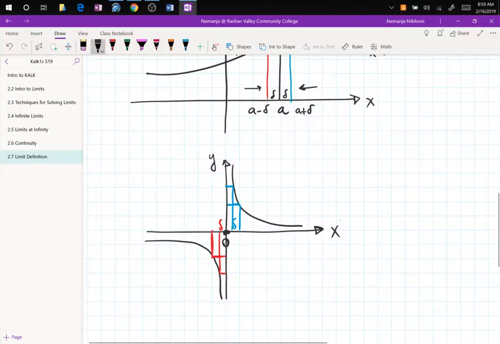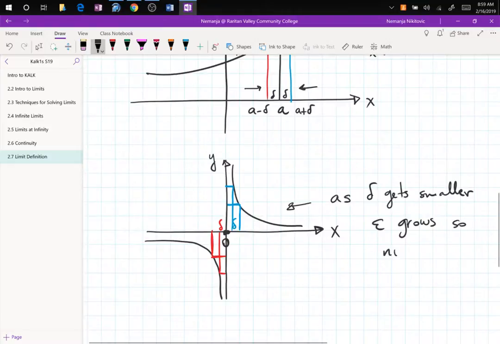So in this picture here, as delta gets smaller, epsilon grows. And it actually, in this case, grows without bound. So, no limit, because they don't collapse onto a single y value.